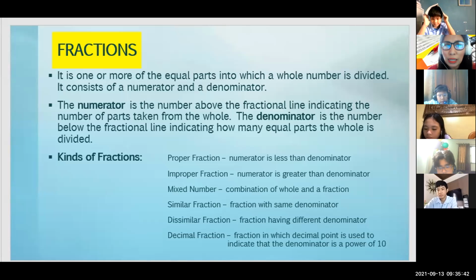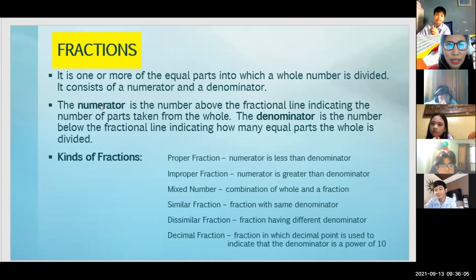Okay, Nathan, can you please read the definition of fraction? Fractions. It is one or more of the equal parts into which a whole number is divided. It consists of a numerator and a denominator.